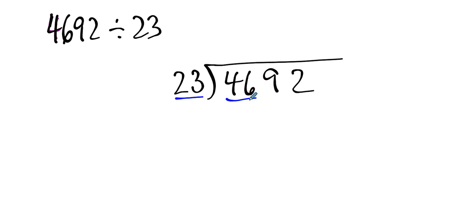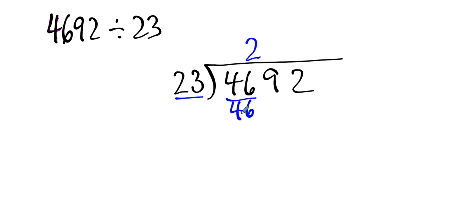Now remember, that's not 46. That's 4,600. That's 46 hundreds. So if there were 46 hundreds and you were looking to make 23 piles, each of those piles would have 2 hundreds. That's why the 2 goes there. The 2 is a 200s.